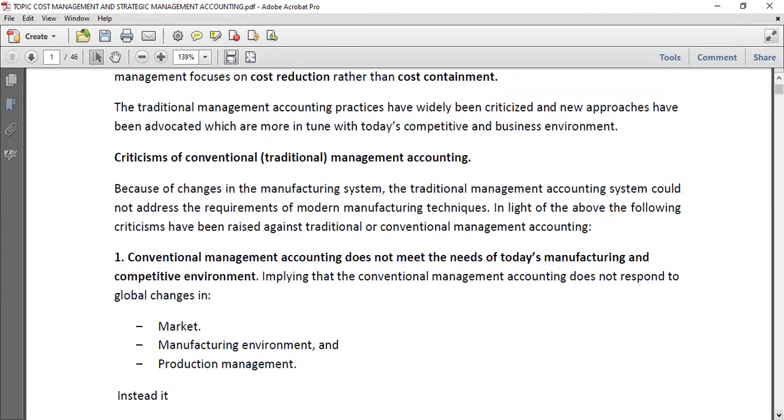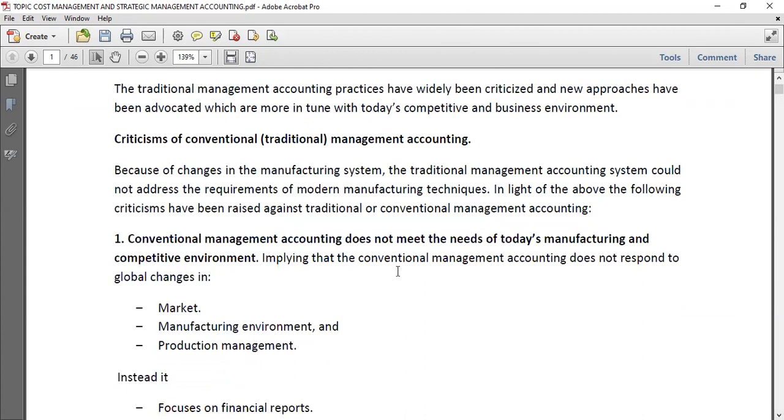Okay, so we have just a few criticisms of the conventional management accounting, which now drives us to the strategic management accounting and the cost management that we are doing. The conventional management accounting does not take into consideration the changes that are happening currently in the manufacturing environment.